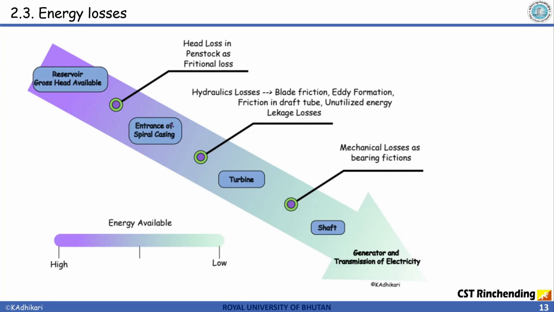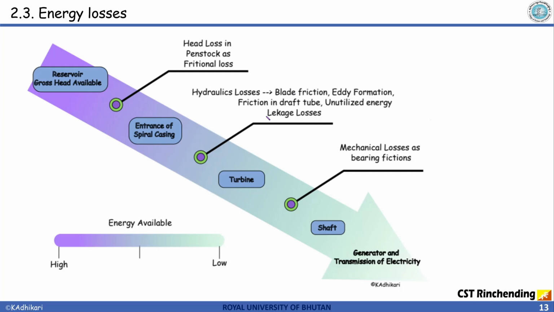But in case of a reaction turbine, it is not the case. The working principle of the turbine is slightly different. For now, just understand there is a different type of turbine. So when it passes through the turbine, there is always the eddy formation, and there are always losses in the draft tube. So likewise, there are losses of energy, which we call losses generally.